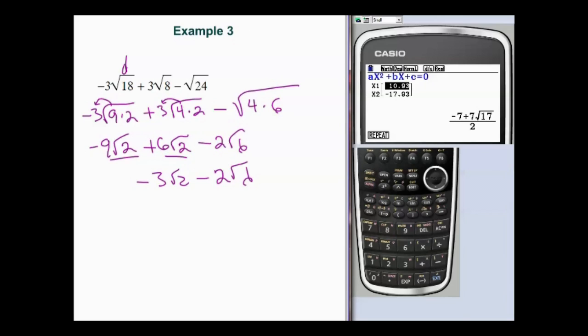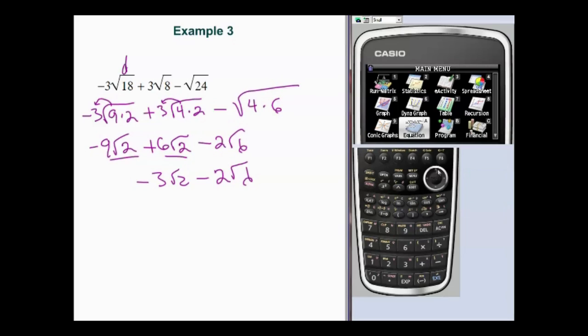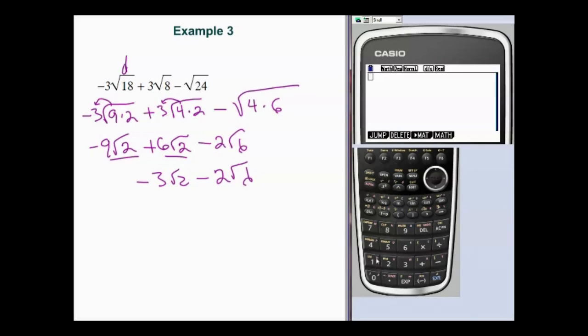So let's take a look at this on the calculator real quick. I'm going to go to menu, go up to run matrix, which is my 1, and I'm going to put in the original problem, exactly the way I see it. Negative 3 shift radical 18.